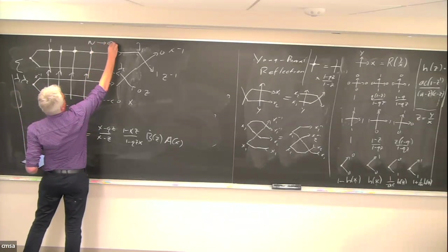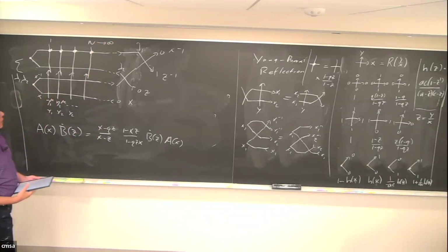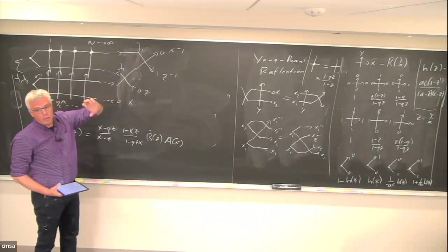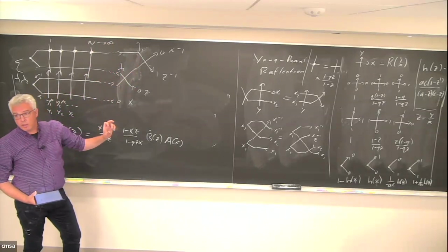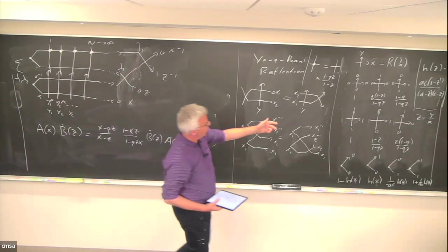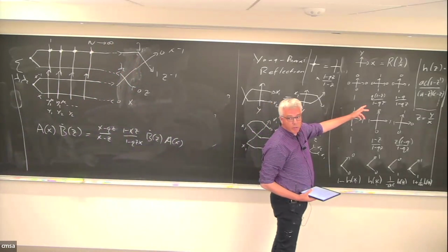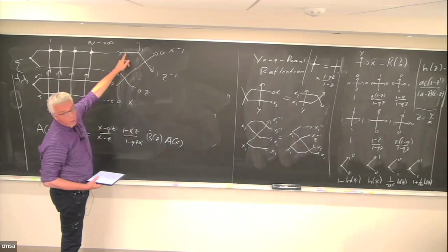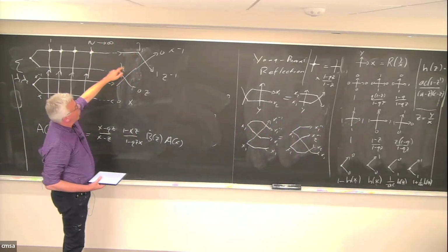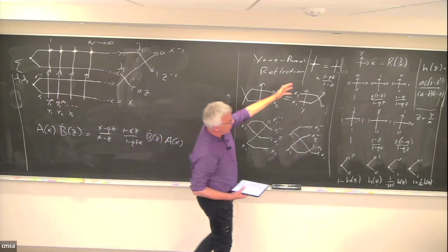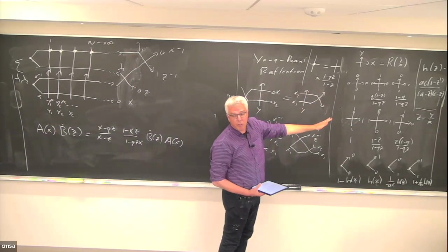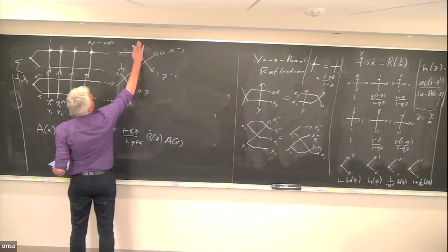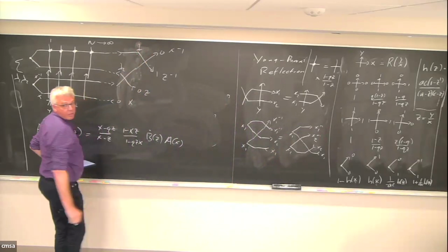When n goes to infinity, because of the choice of weights, the weights that are not 1, we can make them less than 1 by some appropriate choice of the x and y variables. And so if n goes to infinity, anything that doesn't have a 1 here will have one of the dotted weights that is less than 1 and therefore be exponentially suppressed. Right? So in the limit n to infinity, this lambda 1 is actually forced to be a 1.